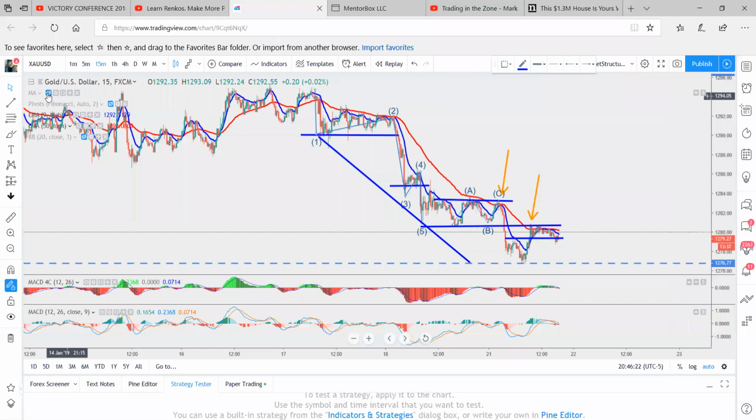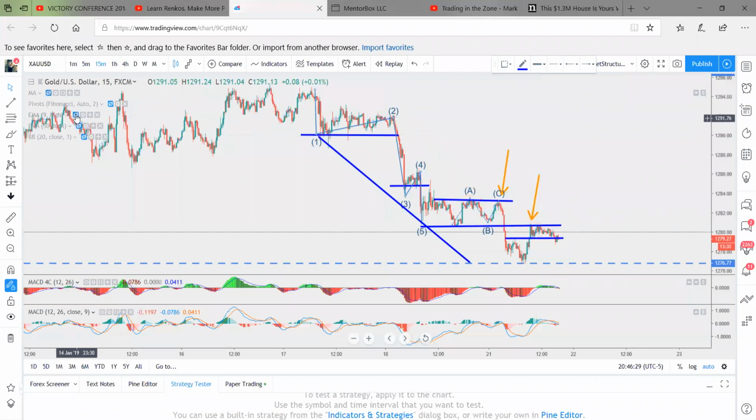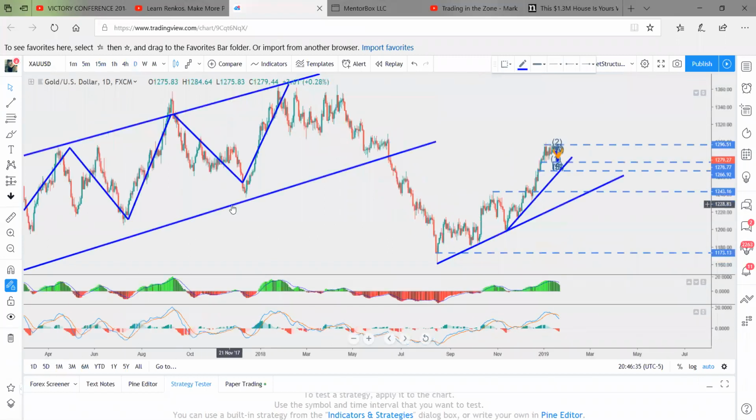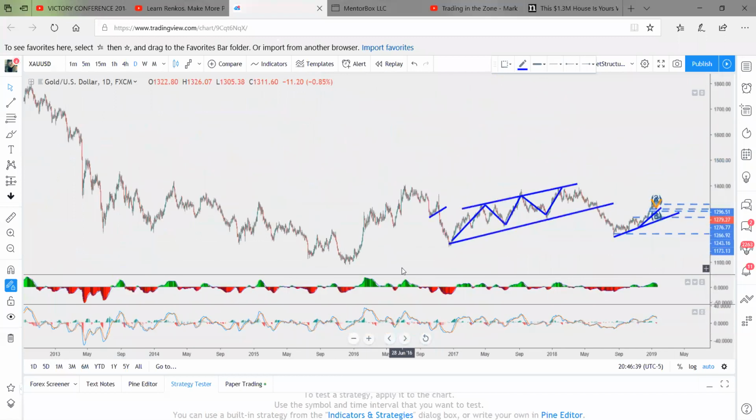I'm going to turn off these MAs. All right. I am looking at gold on a higher time frame. If you zoom out and look at the overall picture, we were in a sell, a correction, a continuation, a correction.